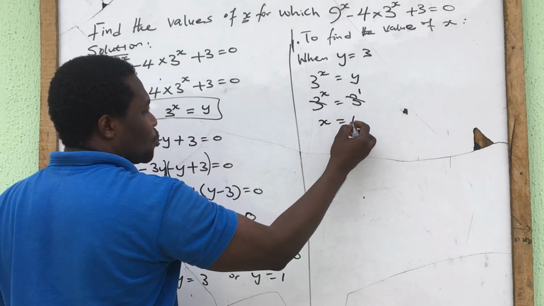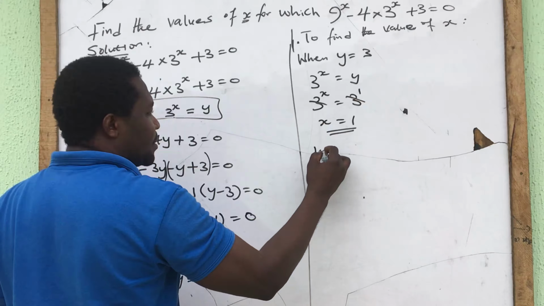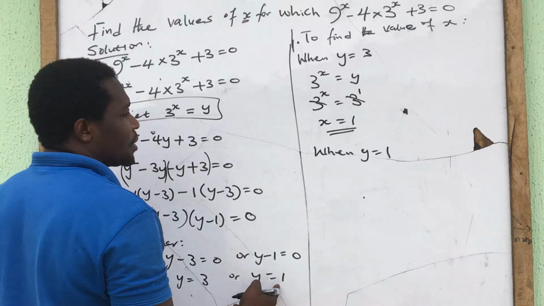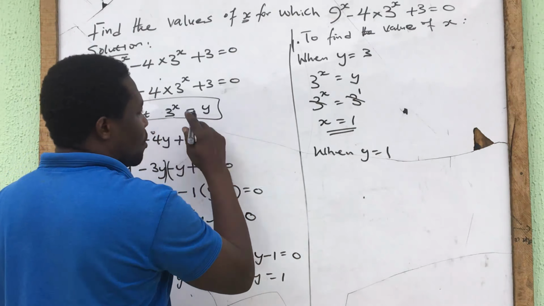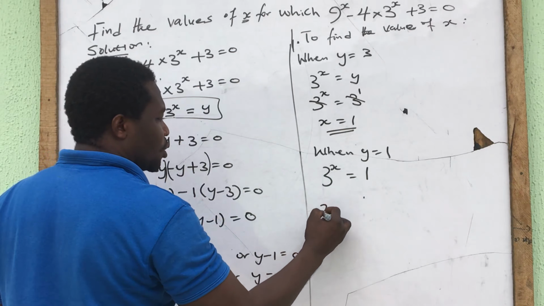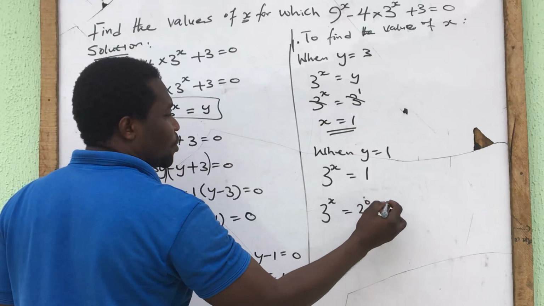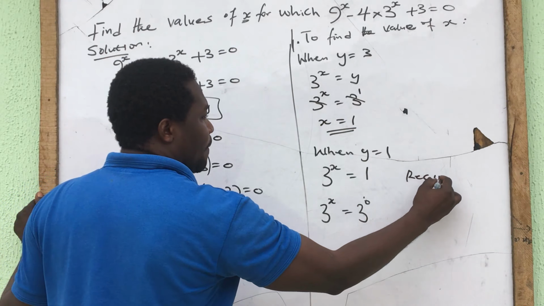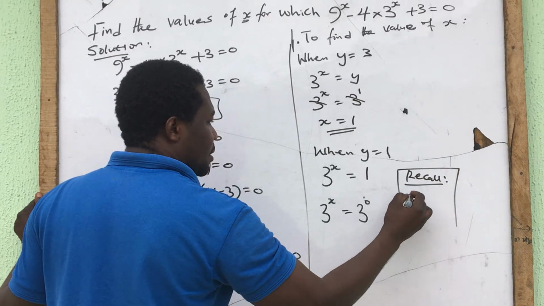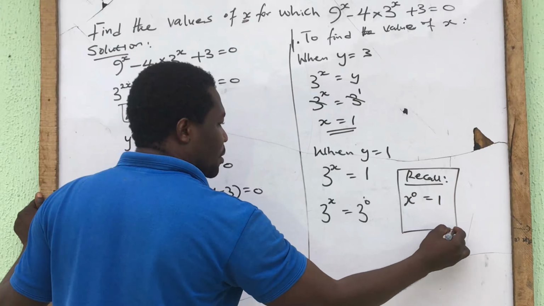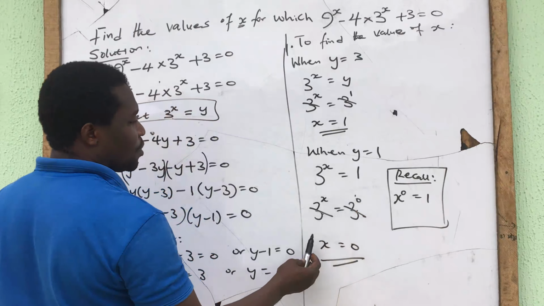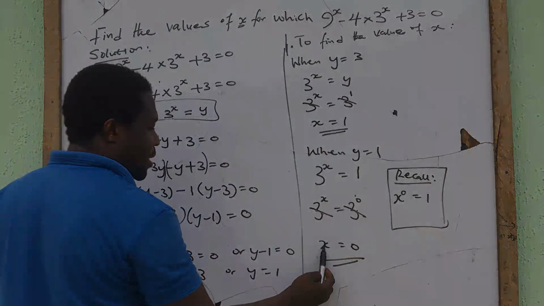Therefore x equals 1. Then when y equals 1, 3 raised to power x equals 1, then 3 raised to power x equals 3 raised to power 0. We recall that x raised to power 0 is 1. Then x equals 0. So the value of x equals 1 or x equals 0.